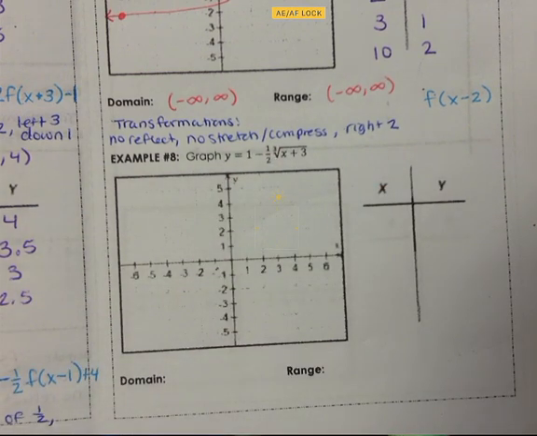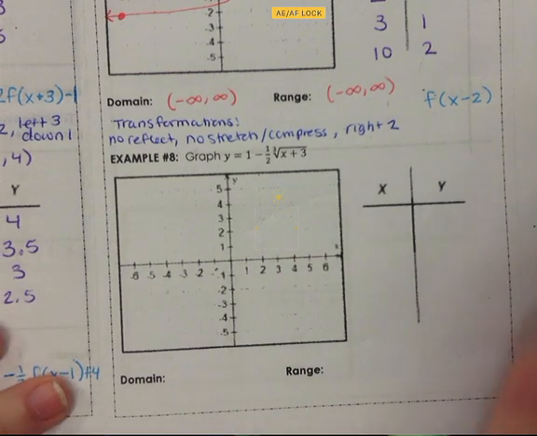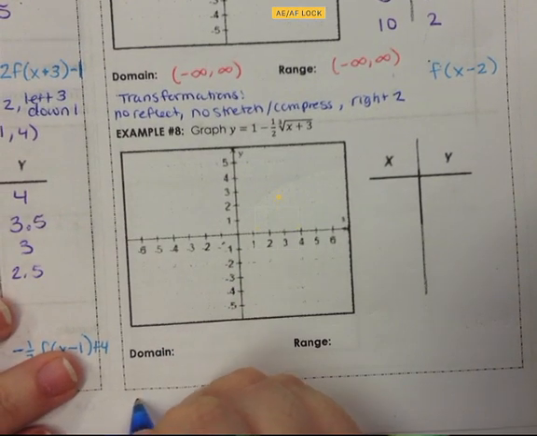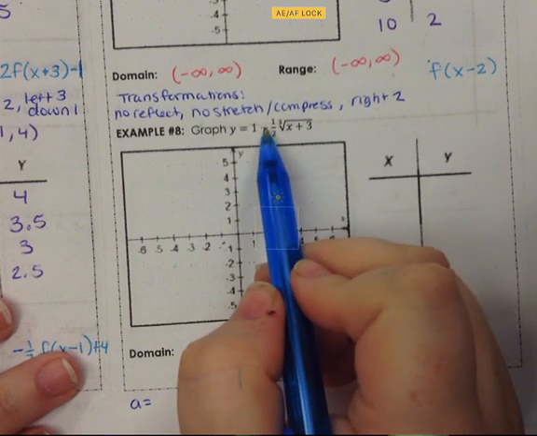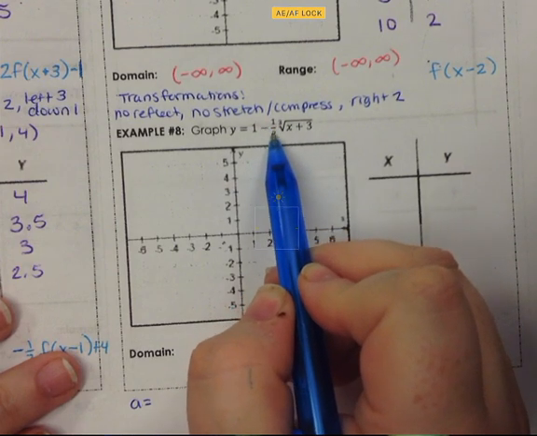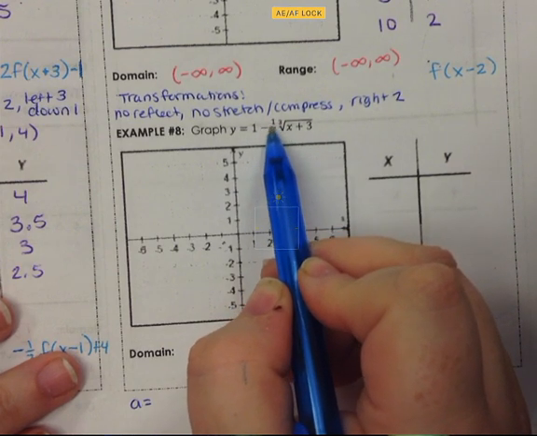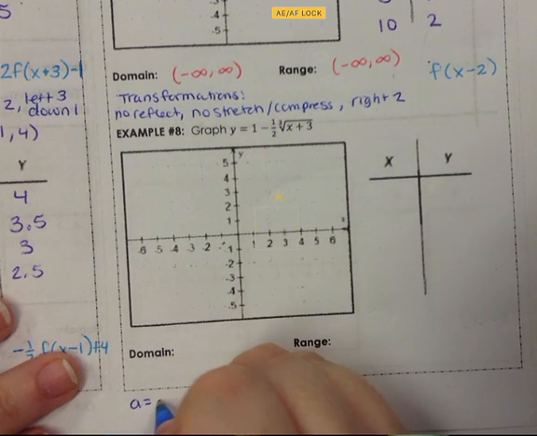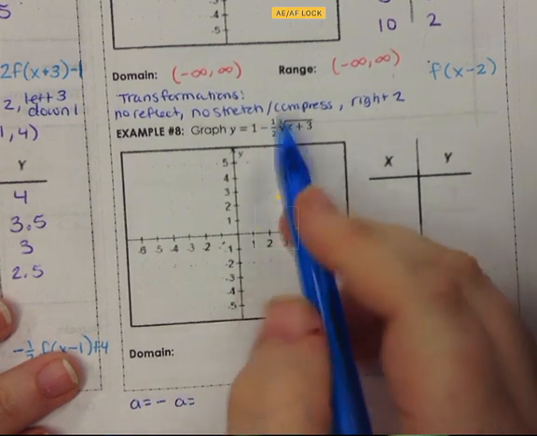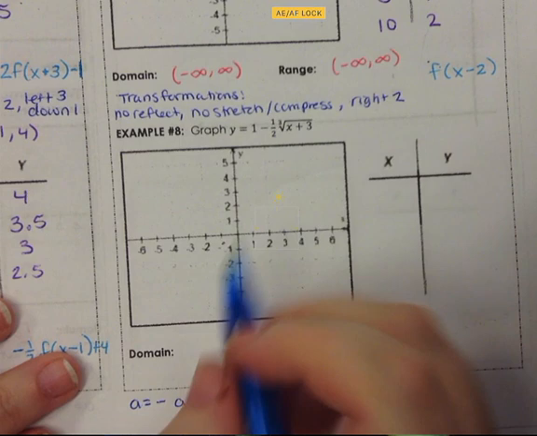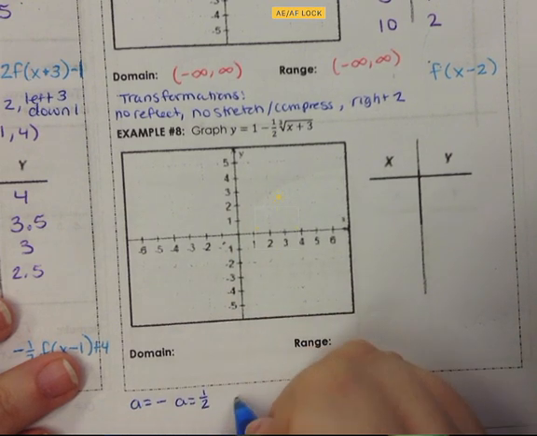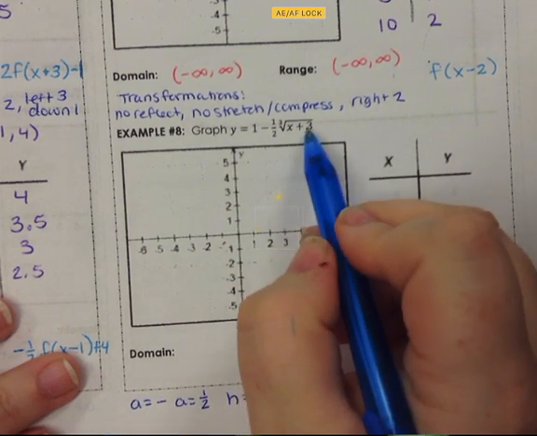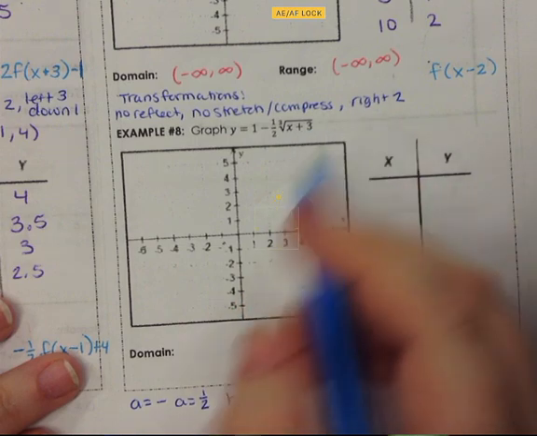So if I write out our actual transformations real quick, so a equals, this part is your a. That negative is attached to that multiplication. Then a is also equal to a 1/2 because it's multiplied to that cube root. Your h is equal to, again, you change your h, that becomes a -3.